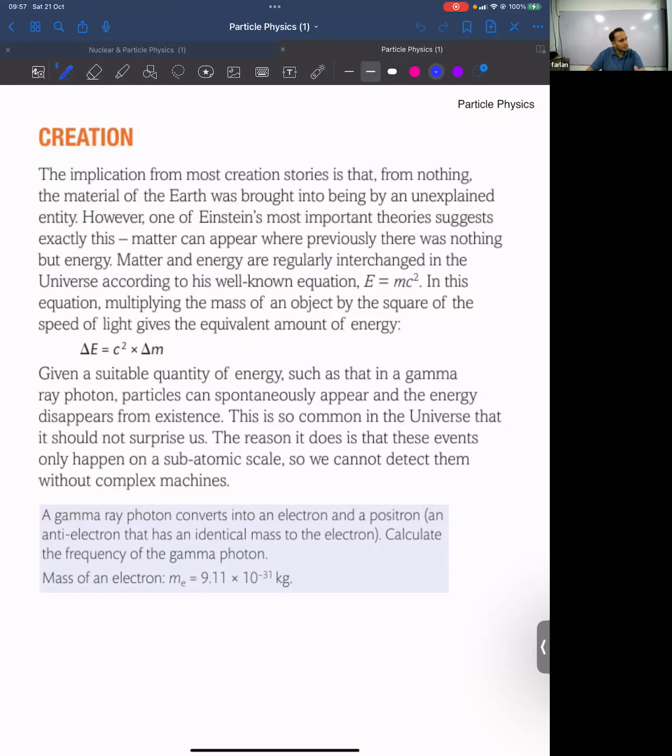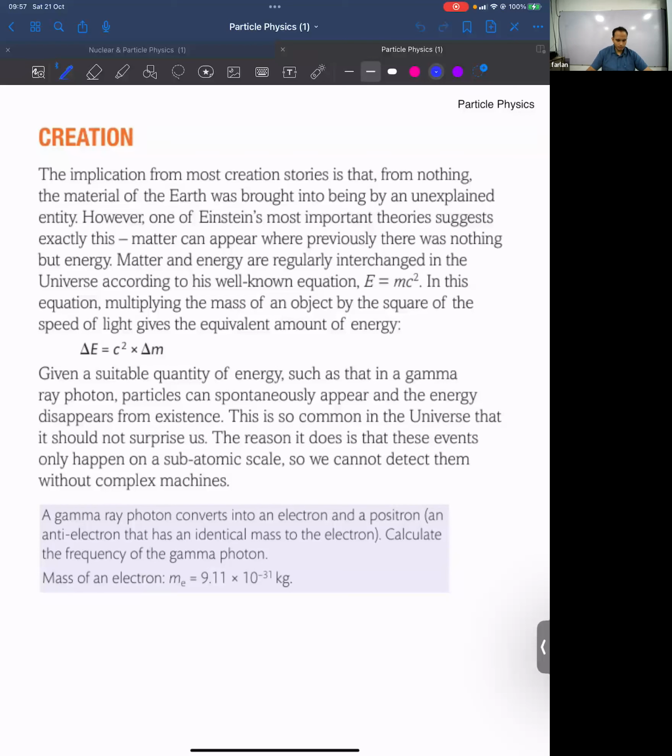The bridge between energy and matter is E equals mc squared, where E is the energy, m is the mass, c is the speed of light. In this equation, multiplying the mass of an object by the square of the speed of light gives the equivalent amount of energy.